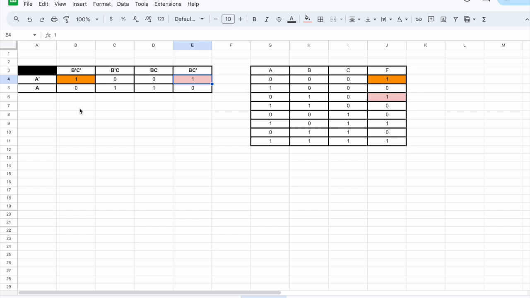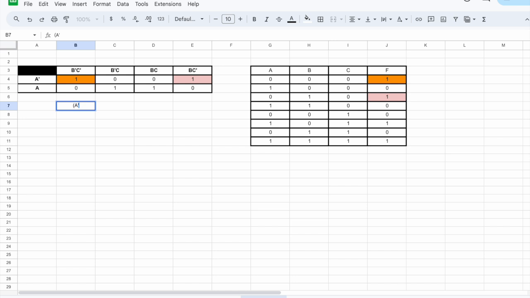So in this example here, I can simplify the coloured ones, so the orange and the pink, by eliminating anything that doesn't appear in the expression twice. So not A does, because it's all on that row. Both the orange and the pink have not A in it.